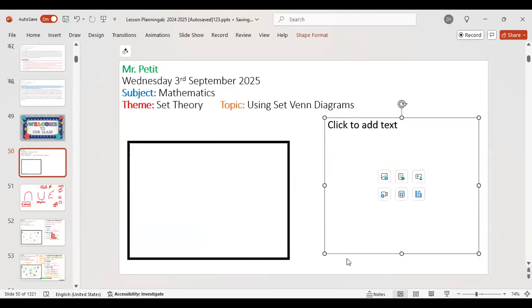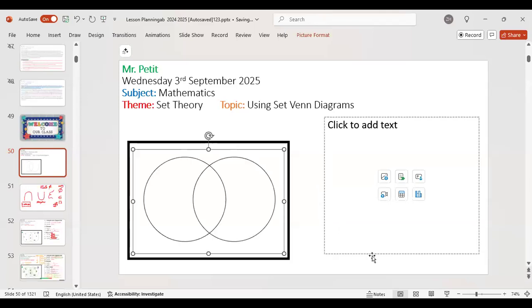Do you remember from yesterday? Two circles. Two circles overlapping. Very good, two circles that overlap, all right? Now, are you always going to get circles that overlap in your exam? You're not, I don't think so. So how could you not have circles that overlap?